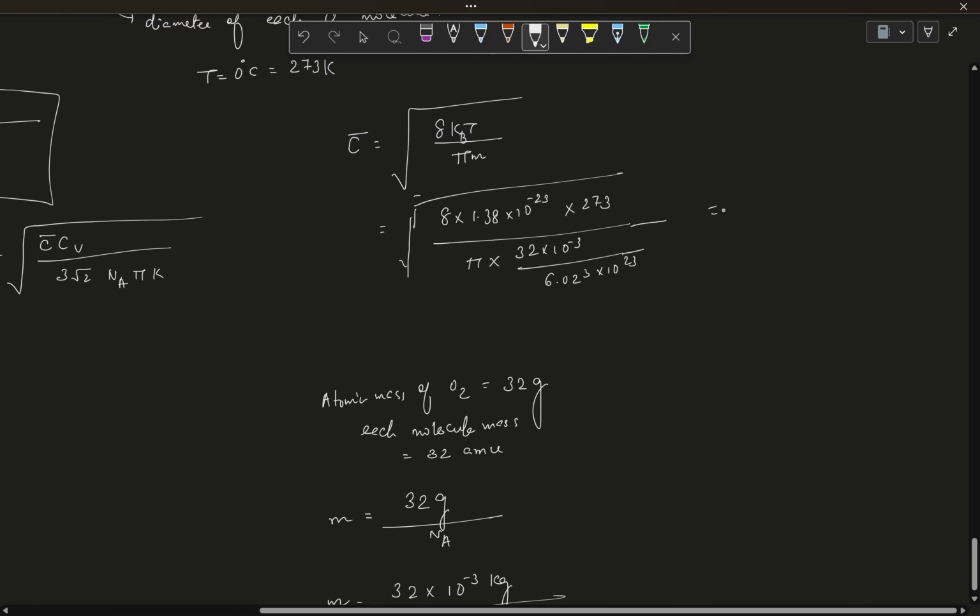Now if you just take your calculator and calculate what the average velocity value is, it will be 8 into 1.38 into 10 to the power minus 23 into 273 divided by pi into 32 into 10 to the power minus 3, then take this on top, into 6.023 into 10 to the power 23.